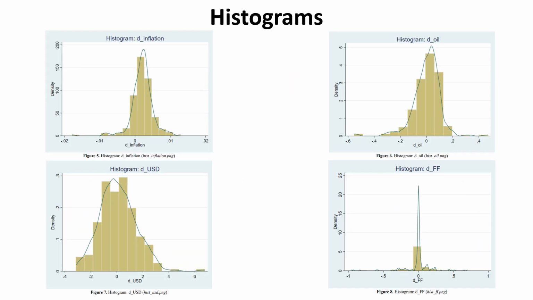So now we come to the histograms. Histograms pictorially represent the behavior of our variables. We see inflation is almost clustered around its mean value, not heavily skewed, but when it comes to oil, there is a lot of skewness here and there, and the spectrum is very broad compared to inflation.